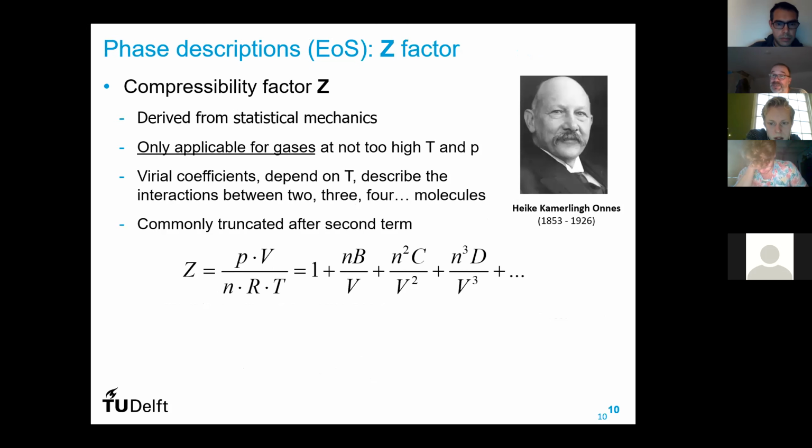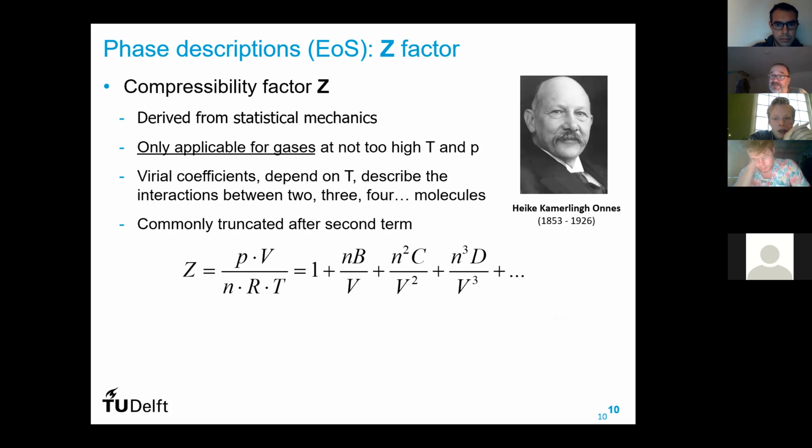Another person who made quite an impact on the compressibility factor, he actually introduced it by deriving it from statistical mechanics. It's Heike Kamerlingh Onnes. Both van der Waals and Onnes have a Nobel Prize. Onnes got it for superconductivity or something.